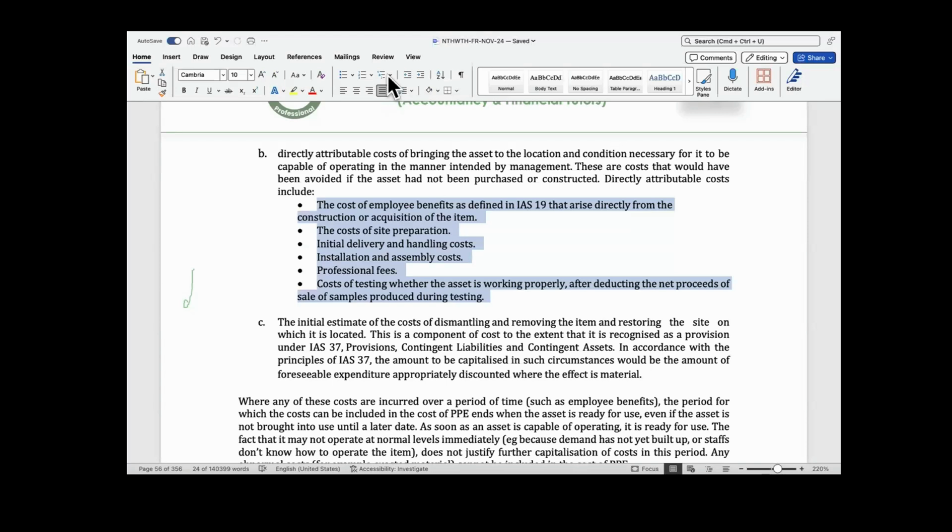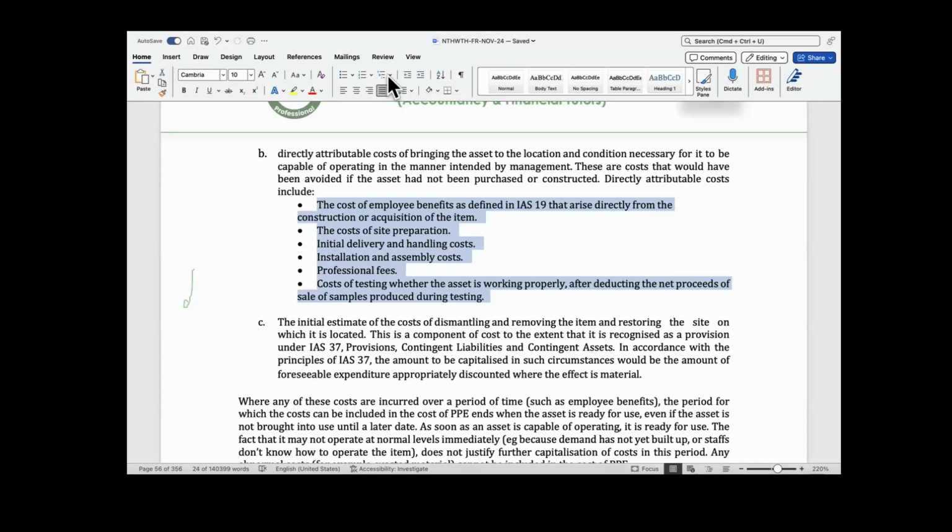Remove it from the cost. The reason is this, right? I said that the money you made from selling that used oil, remove it from the cost of the assets, right? And the reason is this. That oil was bought to test the machine.